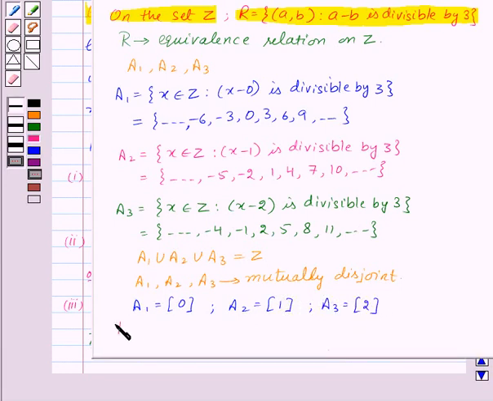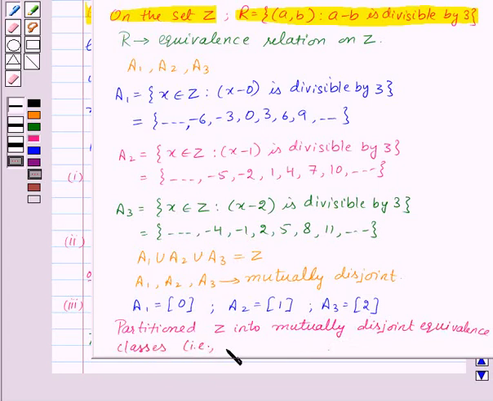And so, we have partitioned Z into mutually disjoint equivalence classes, that is A1, A2 and A3.